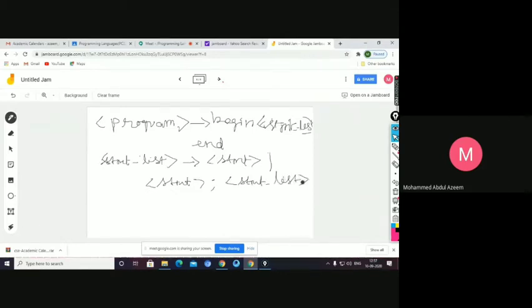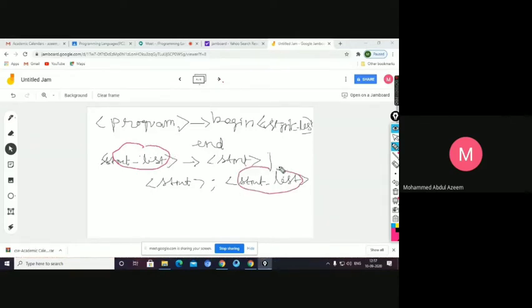Now you can see there is a recursion here in the statement list, because the LHS part is available in the RHS. Yes or no? Your LHS part statement list is available here as well.